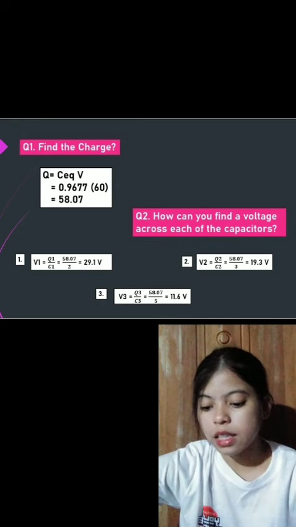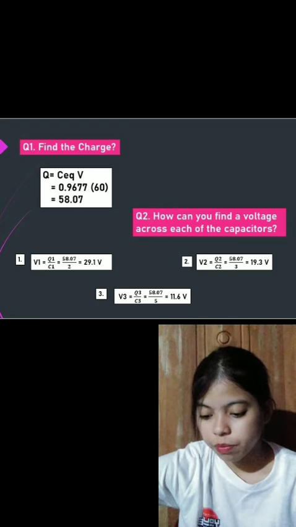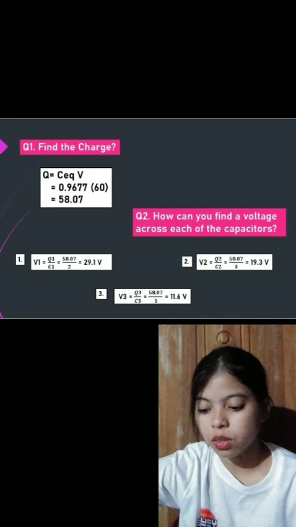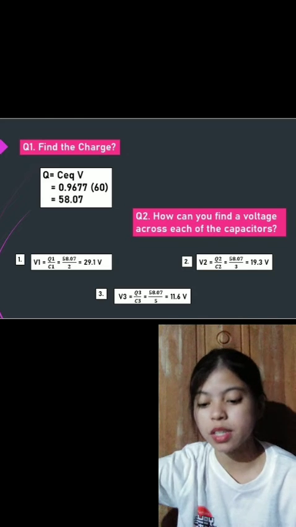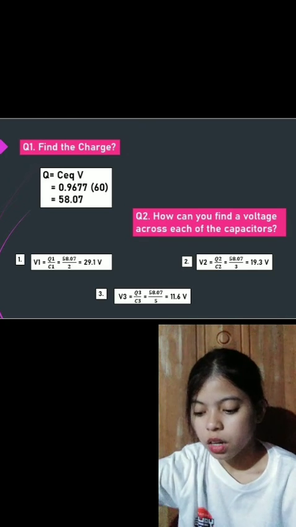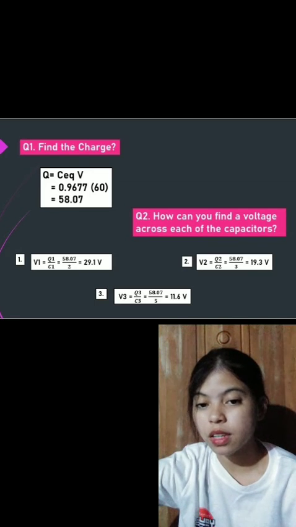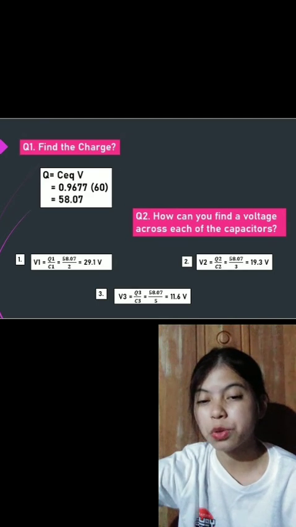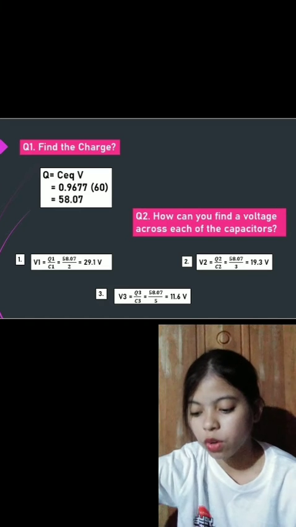And lastly, the third: we get the voltage of the last capacitor the same way as the first and second. V3 equals Q3 over C3, so 58.07 divided by 5 equals 11.6 volts.